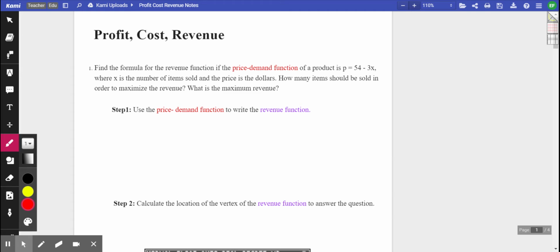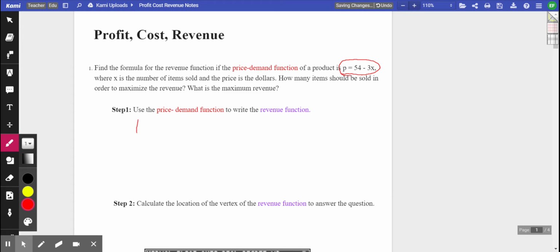So find the formula for the revenue function if the price demand function of a product is, and it's given to us, where X is the number of items sold and the price is in dollars. So in order to write the revenue function, we're going to have to look at our price demand. So it's given to us right here.